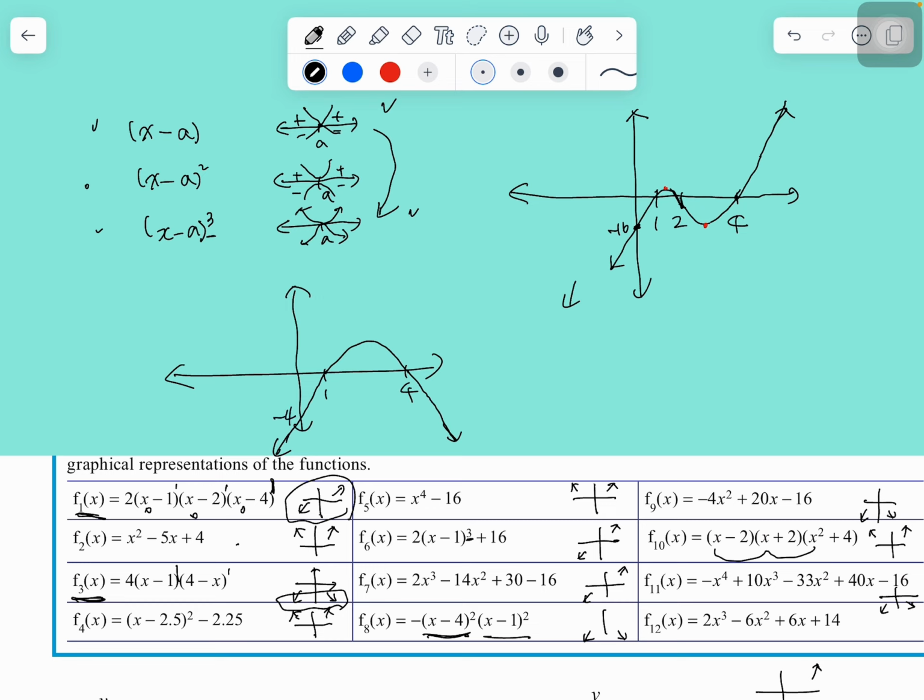And this is negative 4. Oh, negative 16 again, sorry. And number 8, 1 and 4. And we know the end behavior like this.